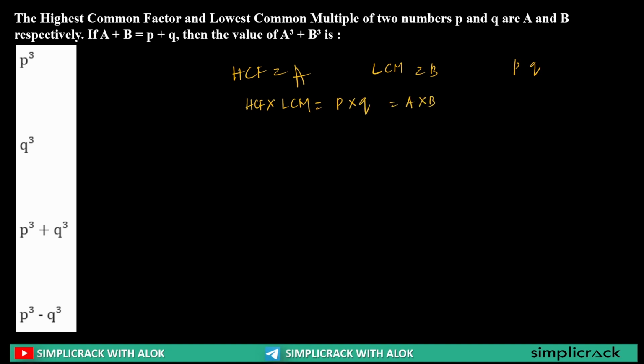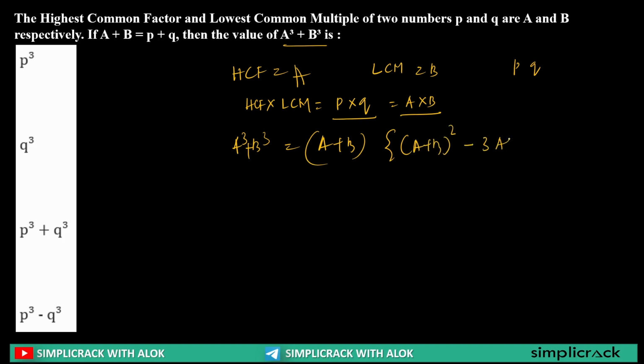Now what it has asked is to find out A/Q plus B/Q. So this is equal to (A plus B) into (A plus B) square minus 3AB. This formula should be used over here.